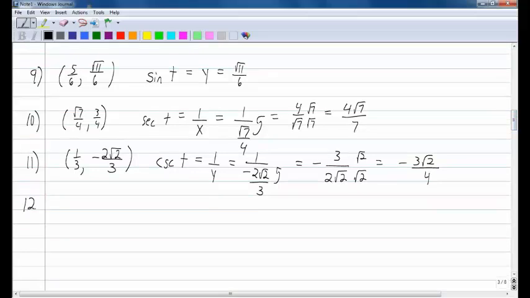Number 12 says a point on the terminal side of an angle theta is given. So this point is not on the unit circle. Find the exact value of the indicated trig function. We want to find the tangent of theta if this is a point on the terminal side of the angle measure.